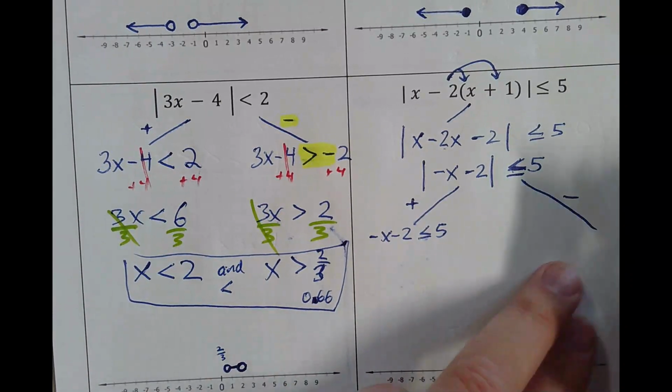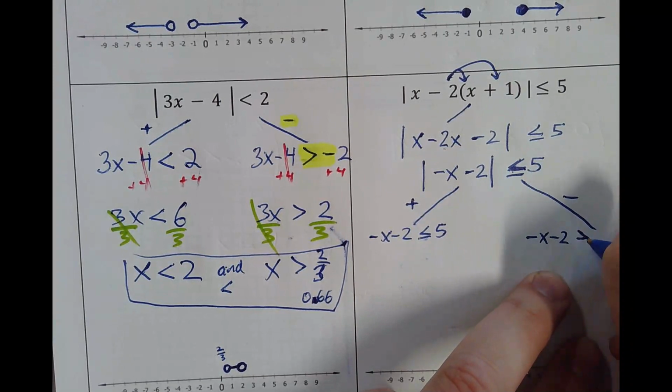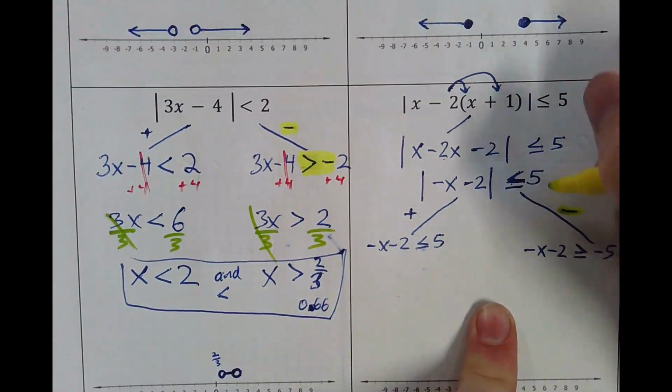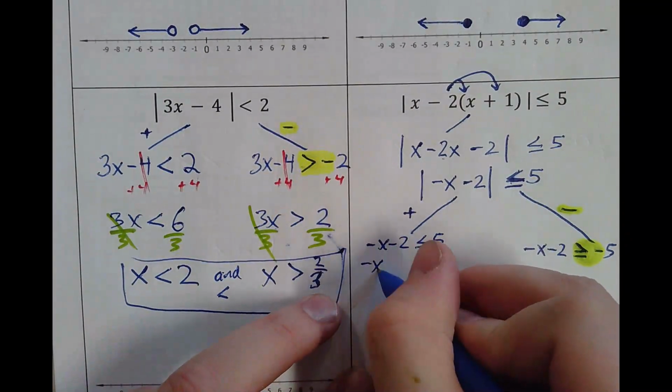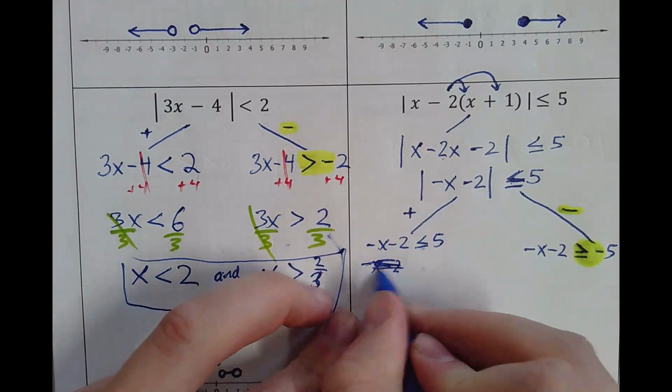All right, we're going to get the positive version of our inequality and the negative version of our inequality where we have to switch the sign. I'm going to get -x minus 2 is less than or equal to 5. Let me solve it.